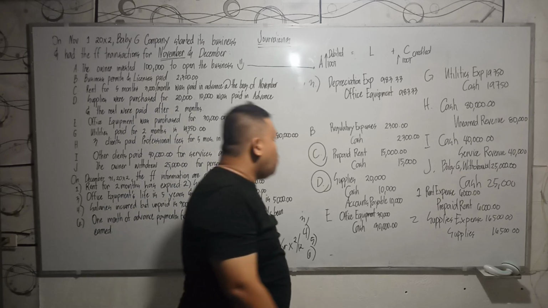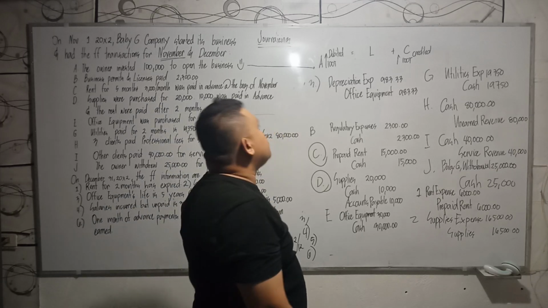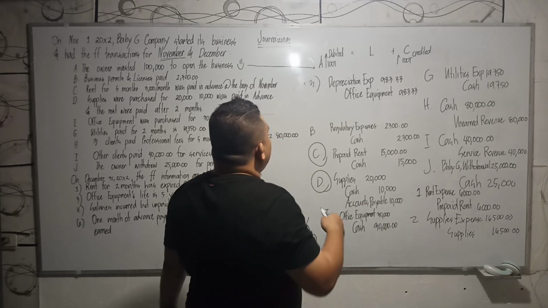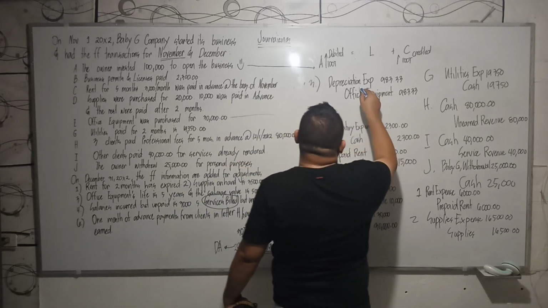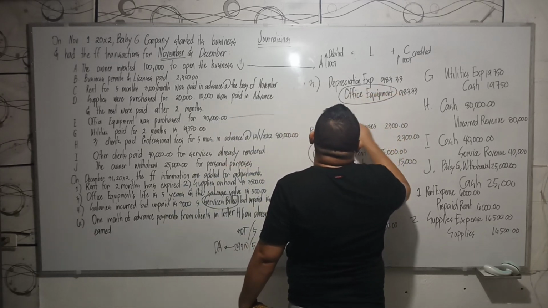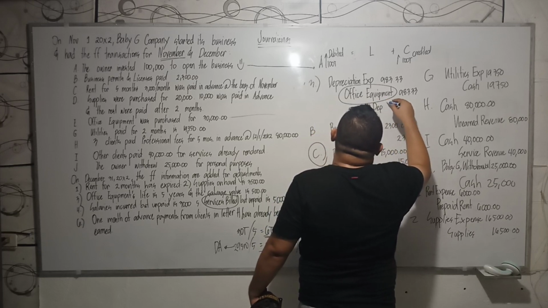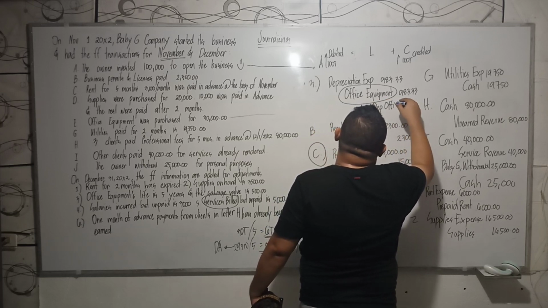Right? So, in order to preserve the records as to how much is that originally, what we are going to use as an account is the accumulated depreciation office equipment.